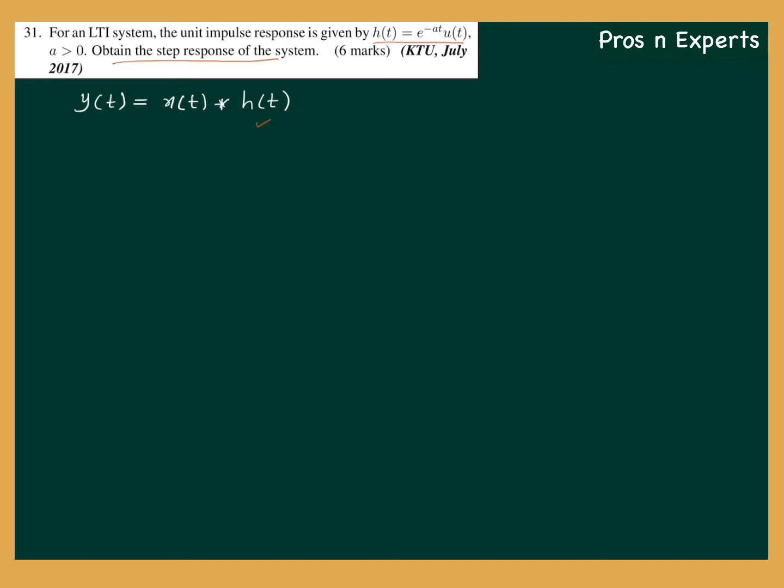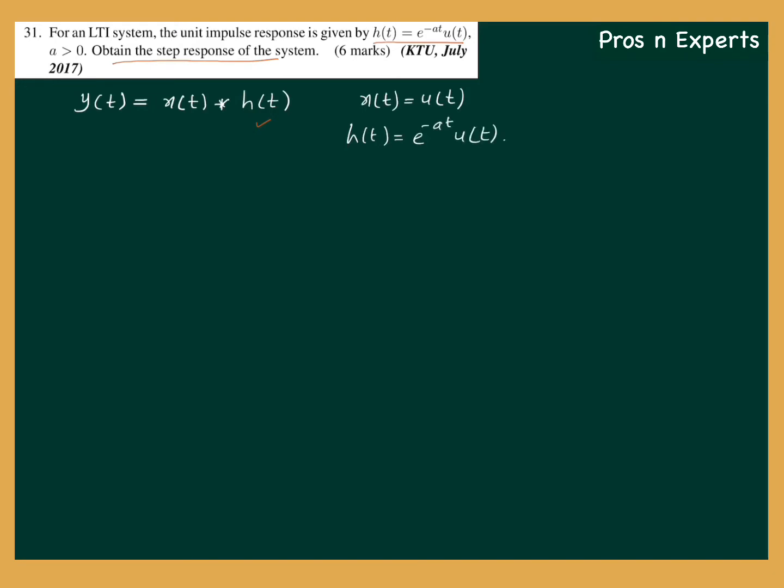So the input is hidden there. Input is nothing but step input. So x of t is given by u of t. x of t equal to u of t is hidden in the question by the word step response. So you got x of t equal to u of t, and h of t is given straight away as e raised to minus at u of t.